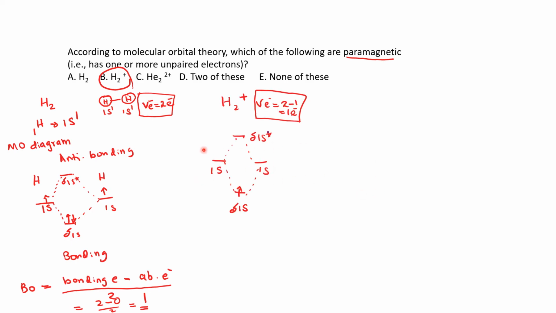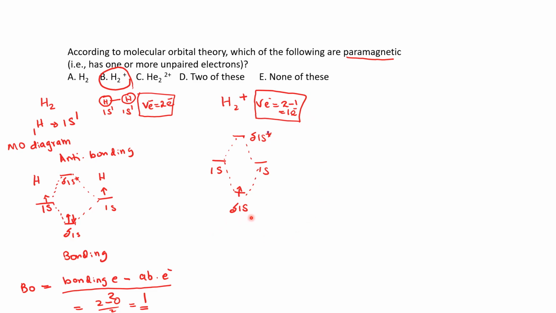And let's take your next one. H2 plus. So simply we draw the molecular orbital diagram for H2. One thing you can do is take off 1 electron. That makes your H2 plus. Or we can go from the beginning and count the valence electrons. Each hydrogen brings 1 electron. Since it is plus, we are going to take off 1 electron. That means this one has just 1 electron.